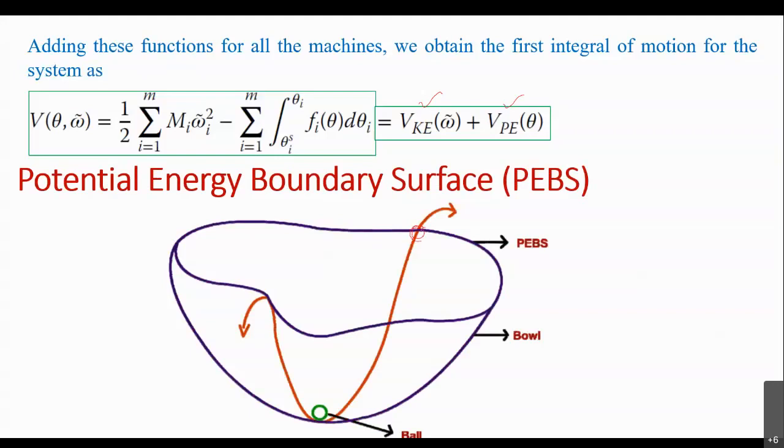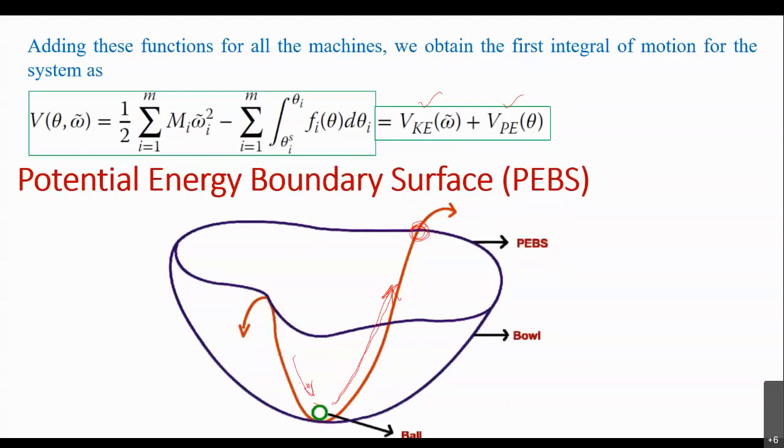Consider a ball system: if we give the ball a disturbance, it will move upward, and if the kinetic energy is absorbed before it reaches the unstable equilibrium point, then it will come back and oscillate, and finally it will settle down at the stable equilibrium point. This point is known as your stable equilibrium point, and these two points are known as unstable equilibrium points.